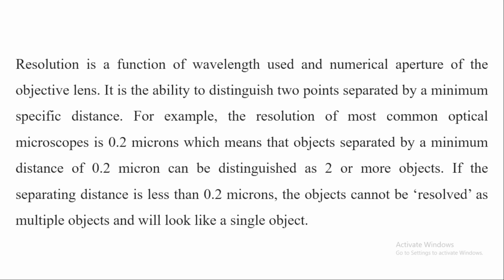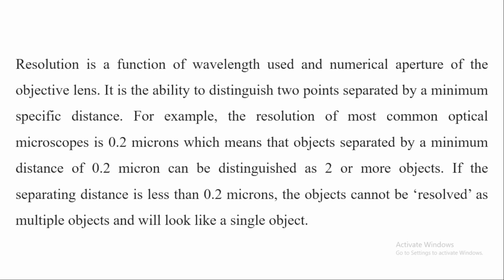So resolution is a function of wavelength used and the numerical aperture of the objective lens. It is the ability of the lens to distinguish two points separated by a minimum specific distance. For example, the resolution of the most common optical microscopes is 0.2 microns. That means if two objects are separated by 0.2 micron distance, they can be distinguished as two objects.